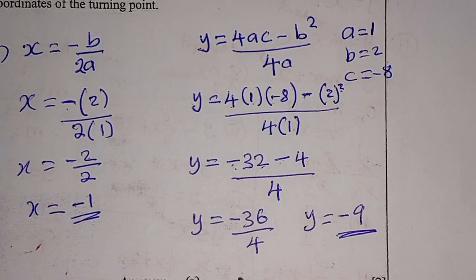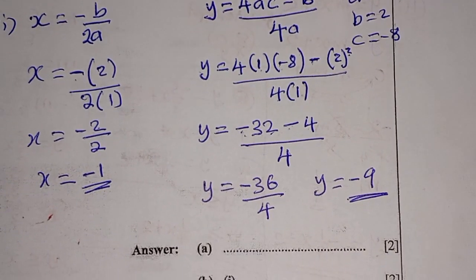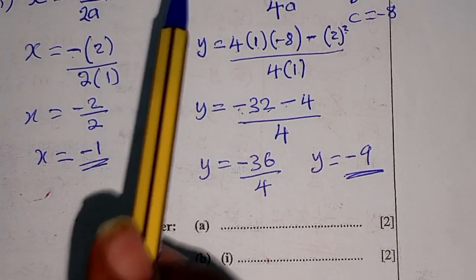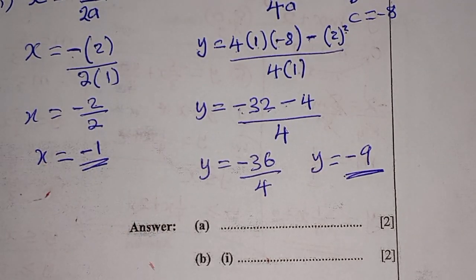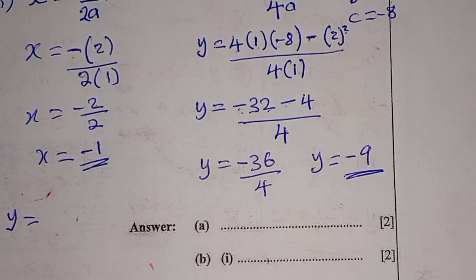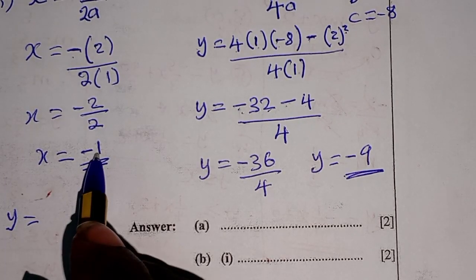If you don't want to use this formula, you have the value for x. You just substitute in the original equation: y equals, where there is x, you substitute negative 1.